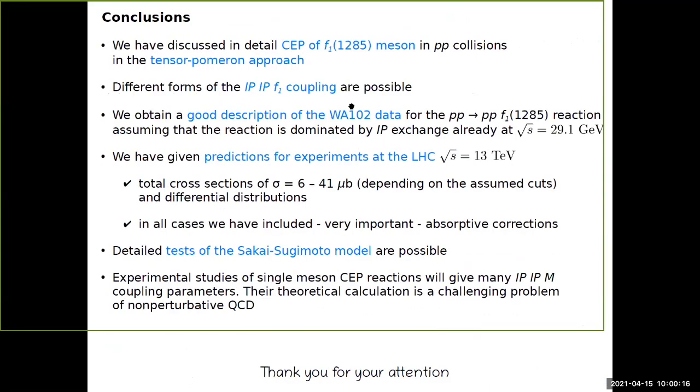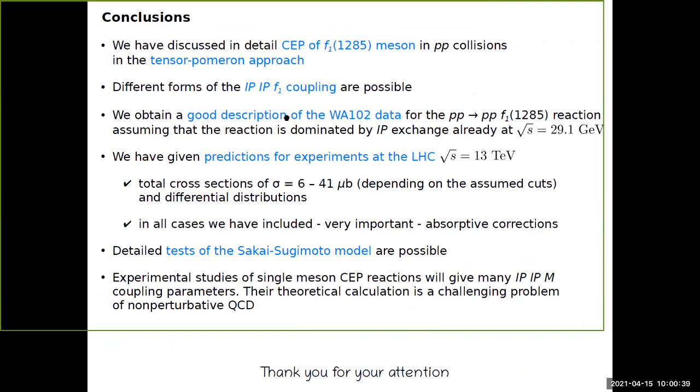And here are my conclusions. We have discussed in detail central exclusive production of axial vector mesons in the tensor-Pomeron approach. Different forms of Pomeron-Pomeron F1 couplings are possible. Already the Sakai-Sugimoto model gives some predictions for these coupling constants.